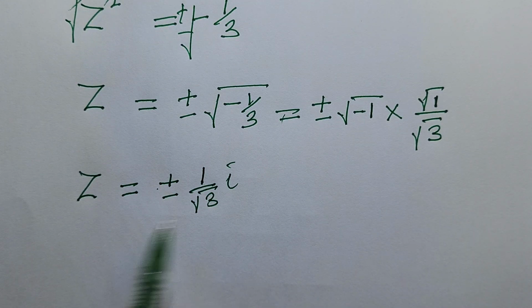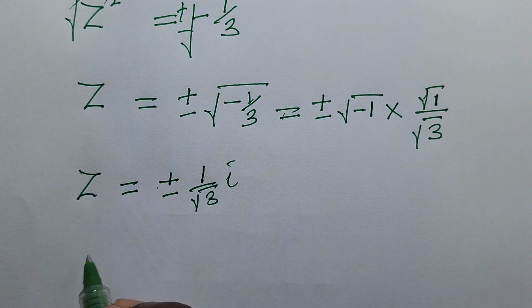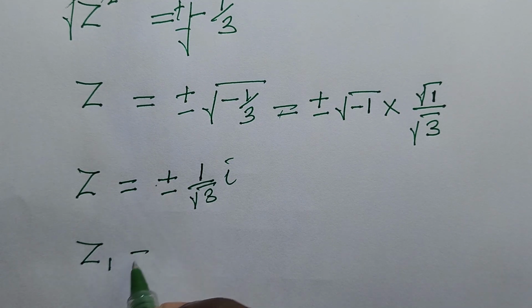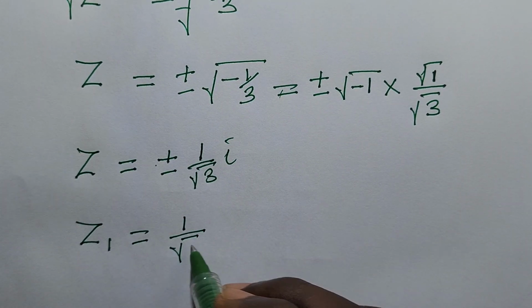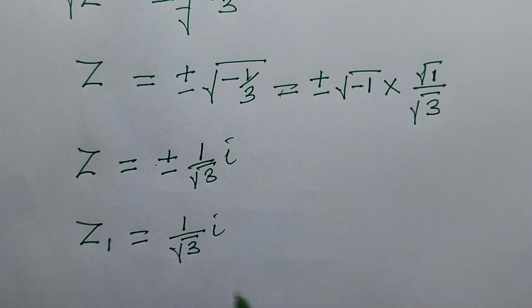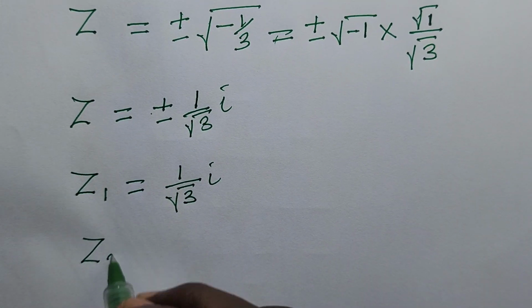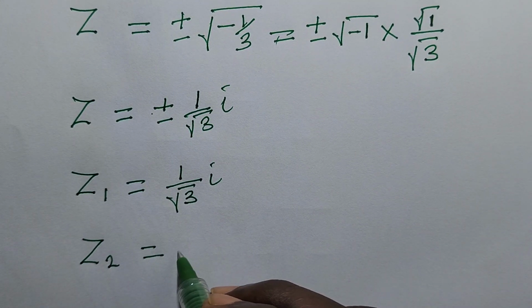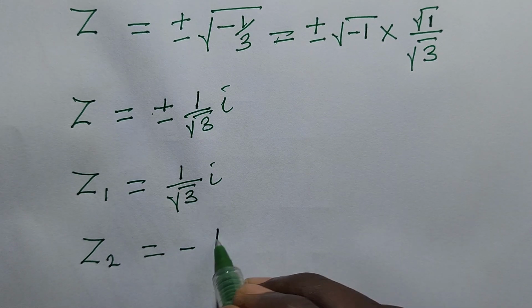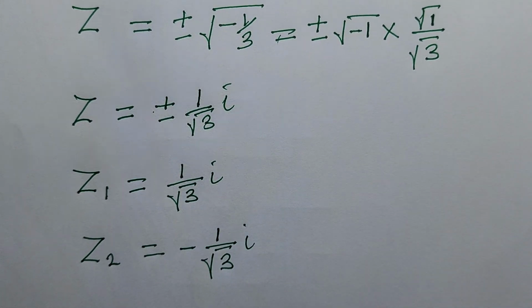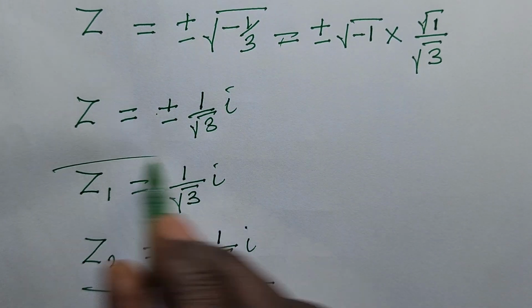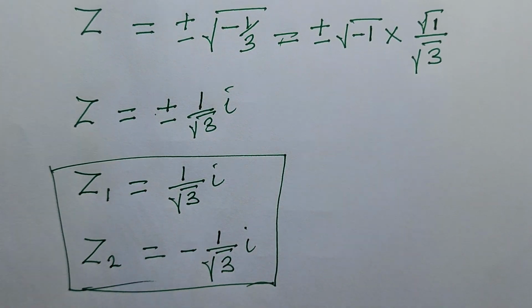So we have two solutions from here: z1 is equal to 1 all over the square root of 3 i, and z2 is minus 1 all over the square root of 3 i. So let's keep these two answers here.